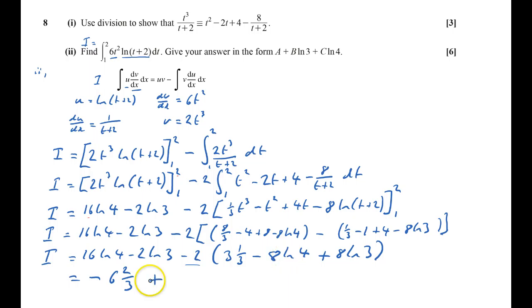And then how many ln 4s have I got? I've got 16 here, and I've got minus 2 times minus 8, that'd be 16, so I've got plus 32 ln 4s, and how many ln 3? So I got minus 2 here, and I've got minus 16 there, so I got minus 18 ln 3 altogether.